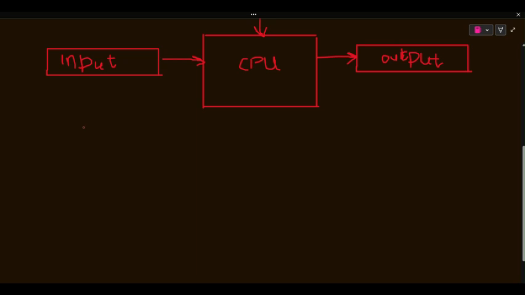This CPU is further divided into two blocks. First one is the control unit, and the second one is ALU.